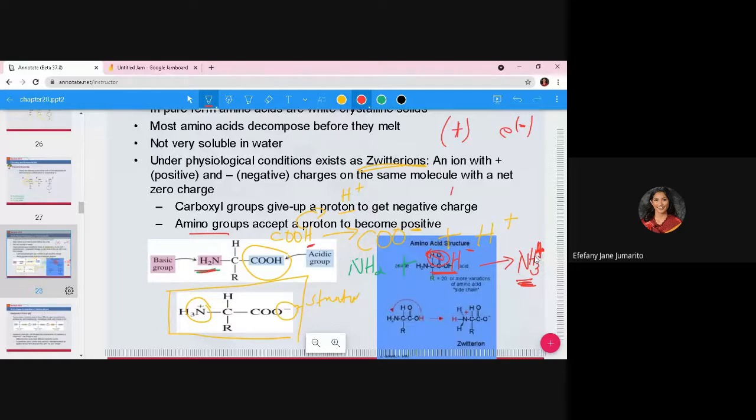It means that protons are dominant here. In COOH, because it loses its H plus, its proton, your electrons will be dominant. So that's why it's negative.